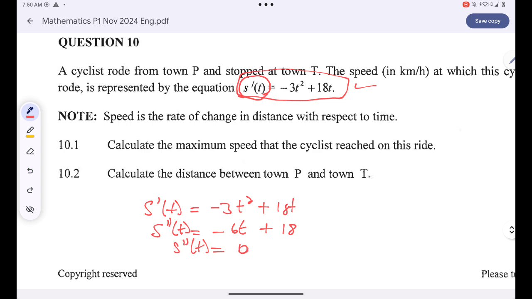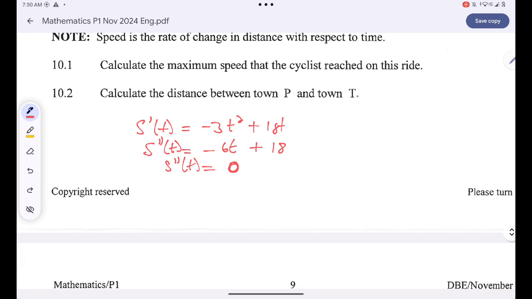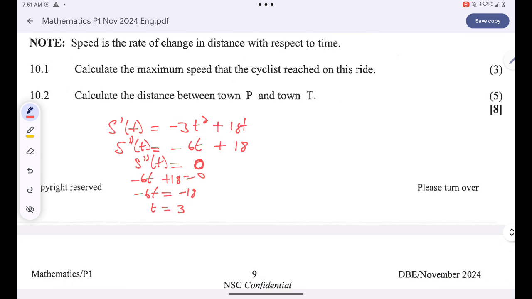So now I'm taking this second derivative of mine, equate it to 0 because I want to find the maximum speed. So I'll simply say negative 6t plus 18 is equal to 0. Negative 6t is equal to negative 18. If I divide both sides by negative 6, the answer will just be equal to 3.